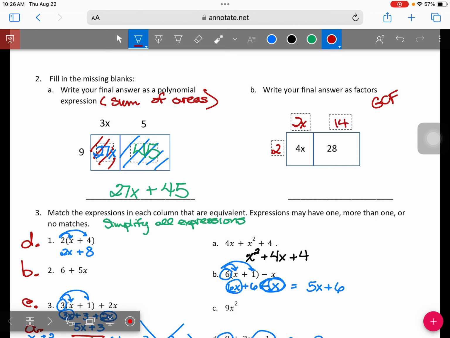It does work. I would prefer you go for the greatest common factor. So what is the greatest common factor of these two? 4. So factor out the 4. 4x divided by 4 is x. 28 divided by 4 is 7. I have to write my final answer as factors, so that would be 4 times x plus 7.